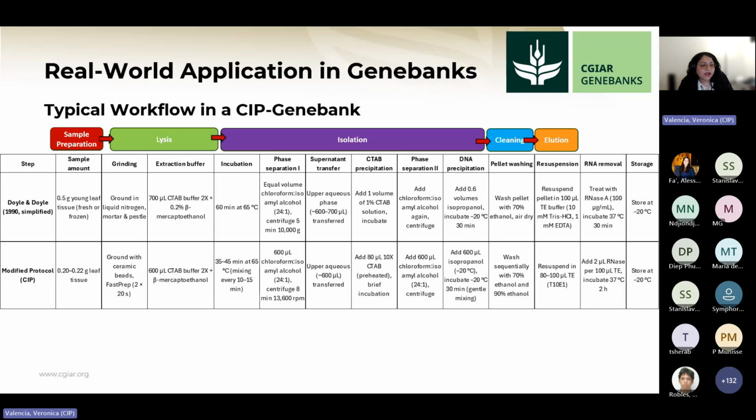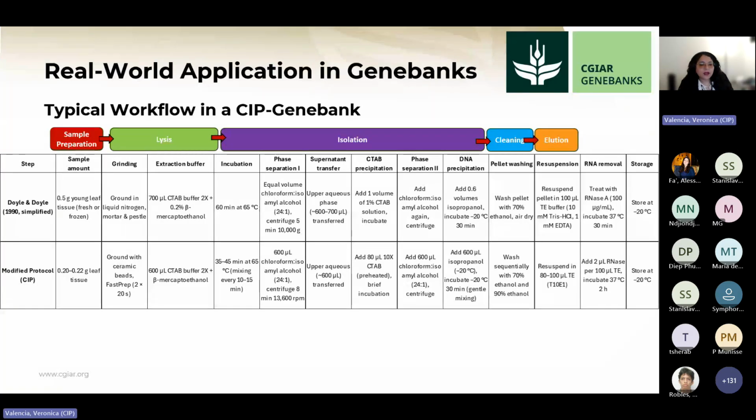So for instance, you have the sample amount for sample preparation. Doyle and Doyle says 0.5 grams of young leaf tissue, and we use up to 0.22 grams. So it's less than half, because after doing some tests we found out that with this amount of tissue we produce better quality DNA than with more tissue. Not always more tissue is more yield, and not always is it high quality.